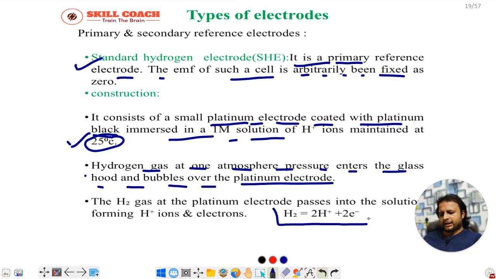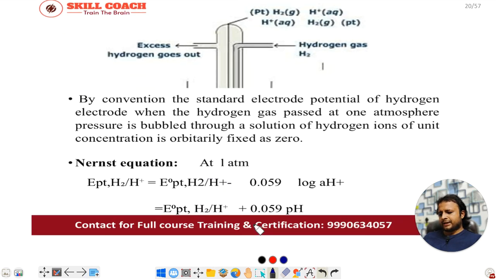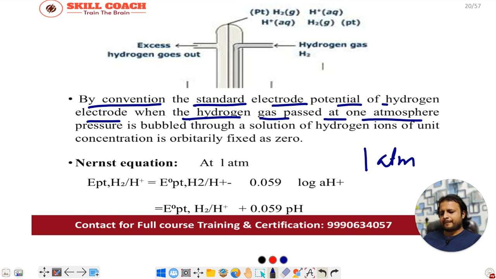And here H2 goes to 2H+ plus 2e-. Now let us understand how it takes place. By convention, the standard electrode potential of the hydrogen electrode, when hydrogen gas at 1 atmospheric pressure, 1 atm, is bubbled through a solution of hydrogen ion of unit concentration, is arbitrarily fixed at 0.